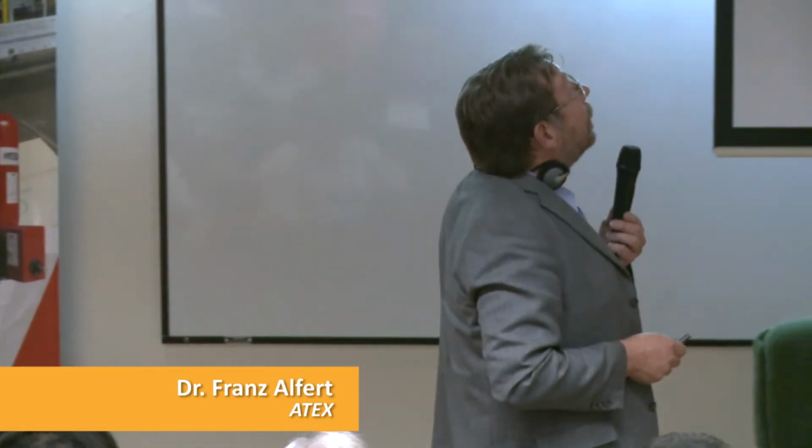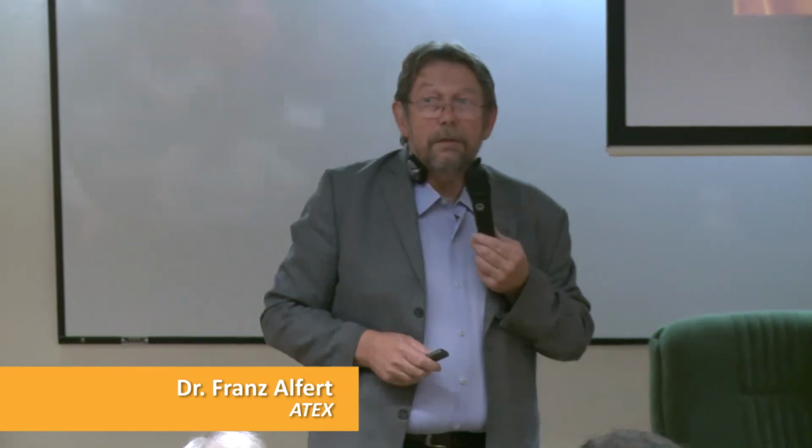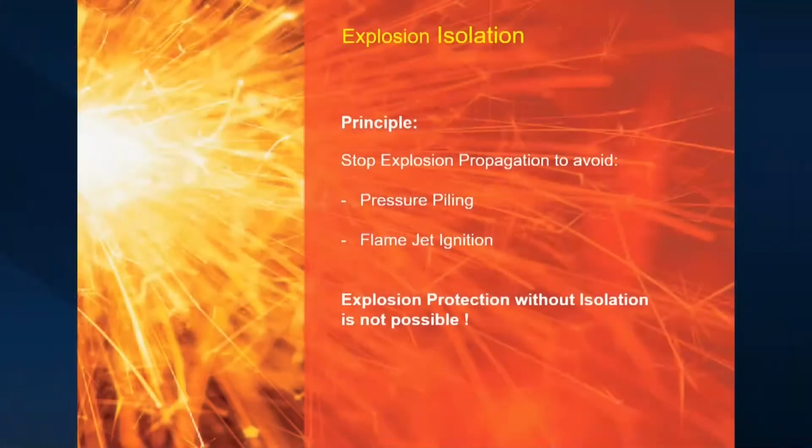Therefore, explosion isolation is one of the most important things that needs to be done when you want to make your plant safe. If you start to upgrade your safety, you first start to think about explosion isolation. Forget about explosion protection for a moment.